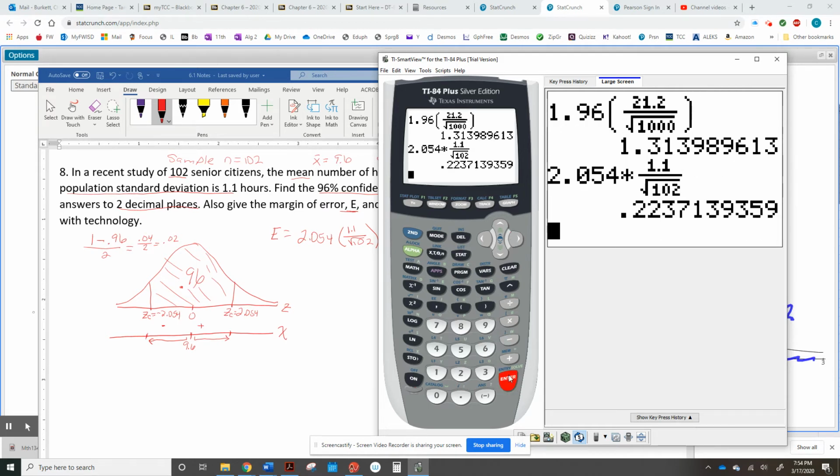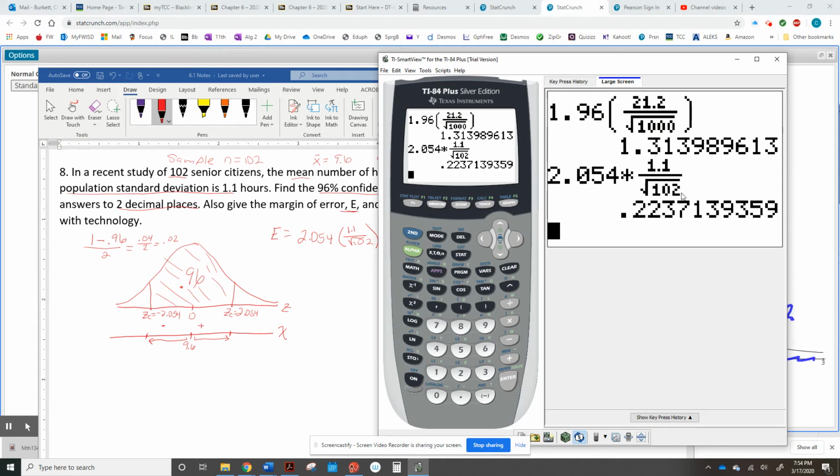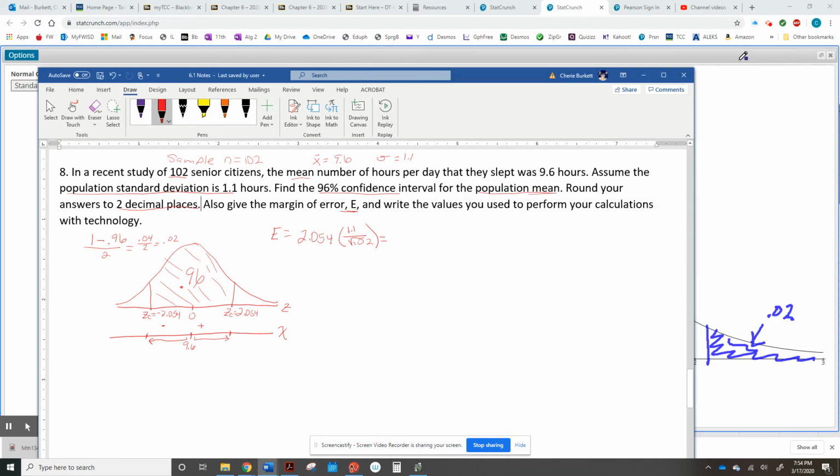And press enter, and it shows us our margin of error to be 0.224. And again, I'm going to use 3 decimal places because I'm using this number to get my final answer. So I'm going to want to round it to 3 decimal places so that I don't get a round-off error. So 0.224.